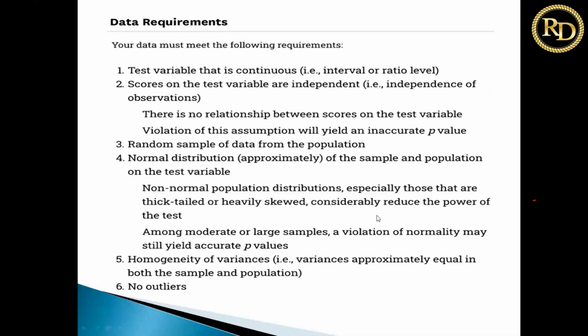So what are the data requirements? Data requirements here means we will be using the assumptions for the t distribution. There are two or three very common assumptions for all the sampling distributions, whether it be the t distribution, chi-square distribution, F distribution or Z distribution. These tests of significance are divided into two groups.